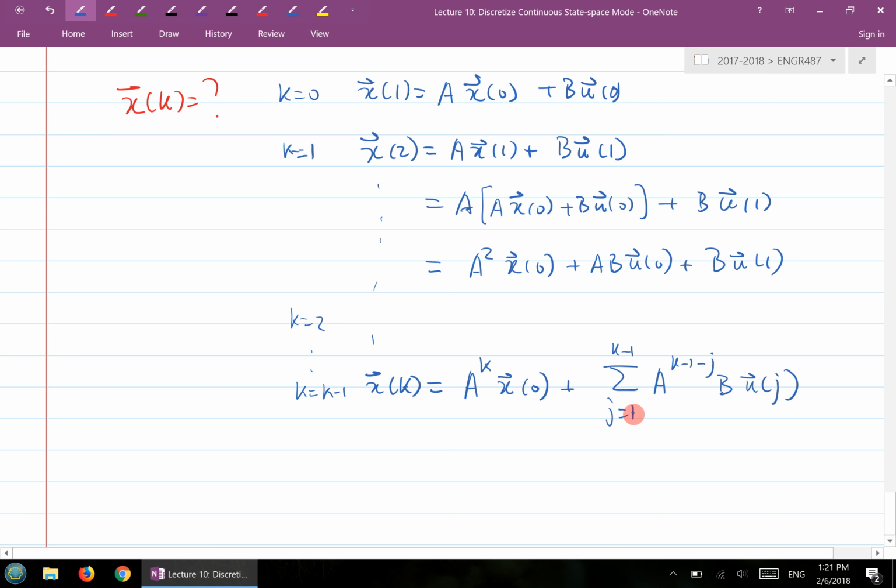Oh, this one's 0, sorry. Slight mistake. So if you let k equal to 2, this term here should give me back these two terms, right? So let's try it here.